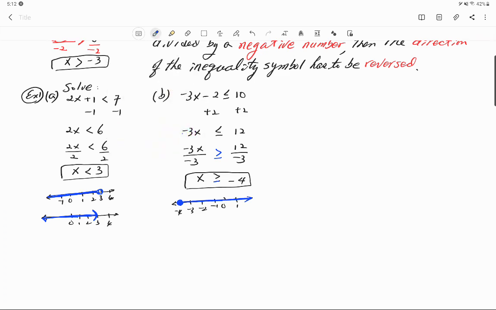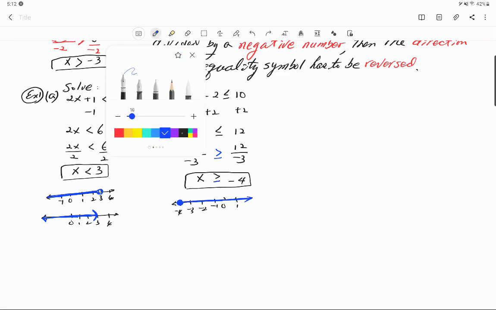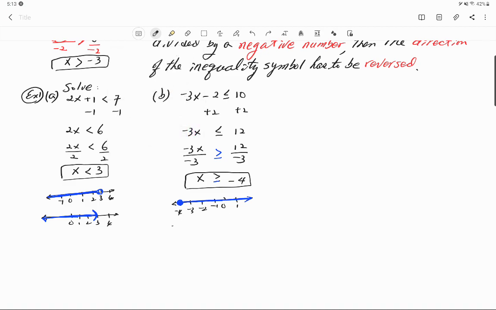Or you can use parentheses. If you want a parenthesis, it should look like this. But instead of using the parenthesis, use what? Bracket. Use a bracket to represent the equal sign. So negative 4 is included this time.